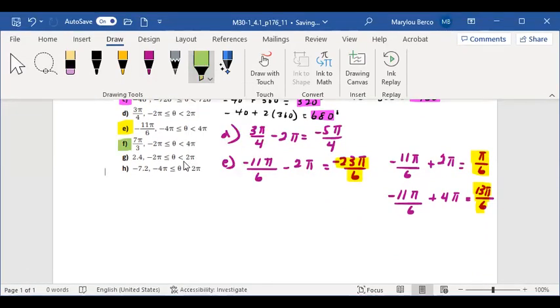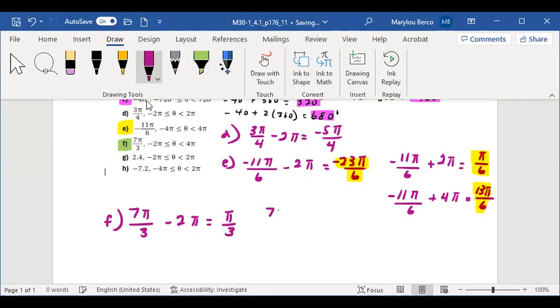We have 7 pi over 3, and the domain is between negative 2 pi and positive 4 pi. So for F, we have possibilities of 7 pi over 3 minus 2 pi is equal to pi over 3.